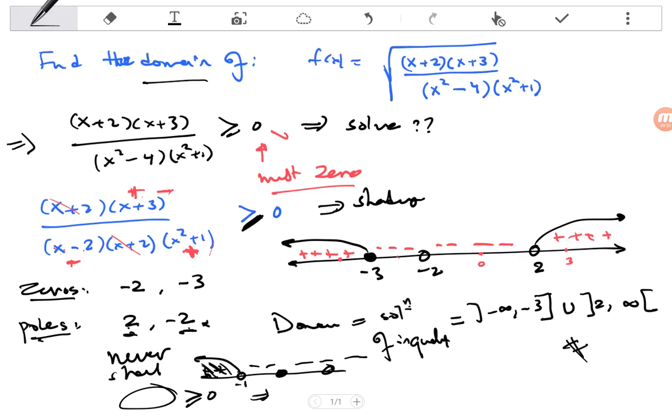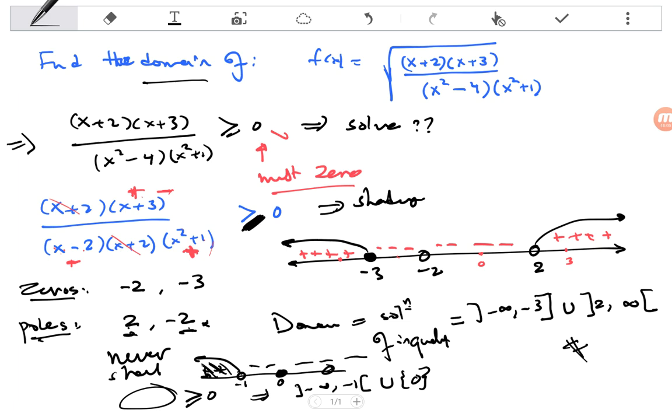If that, for example, was negative 1, it will be from negative infinity to negative 1. Closed or open? It will be open. Union with, should I take this number? For example, it was 0, so I will make it like this. Okay? So I look for the positive signs which solve the greater than part of the inequality, and the shading solves the equal part of the inequality.